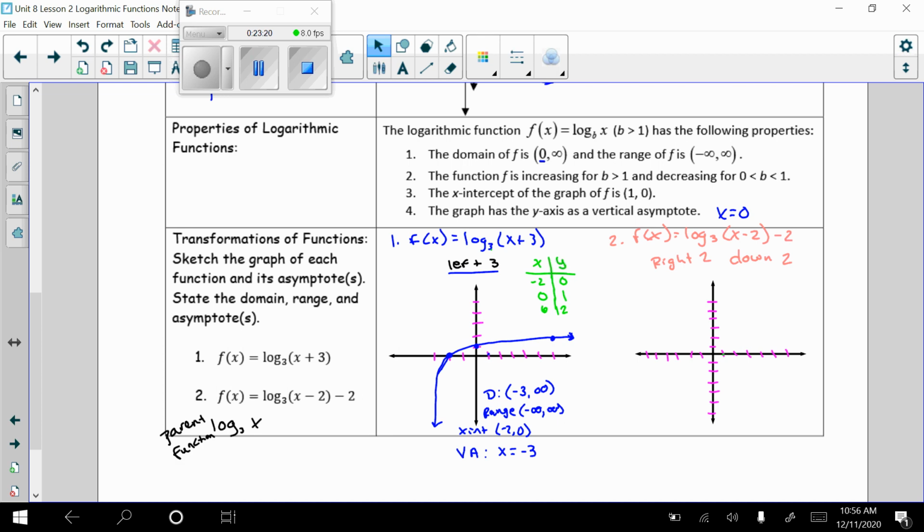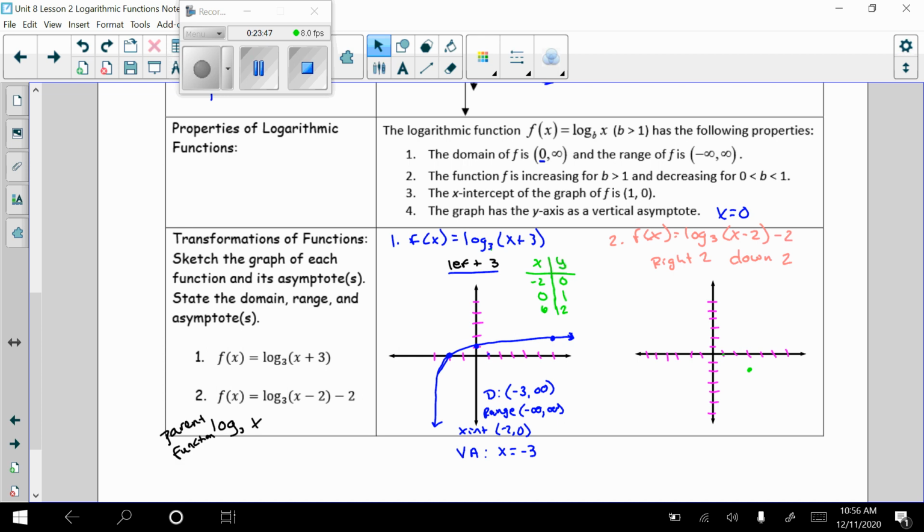All right, same thing here. We have our original x-intercept here at 1, 0. We're going to go right 2 and then down 2. So 1, 2, 1, 2. That point moves there. All right. We can't take the log of a negative number.